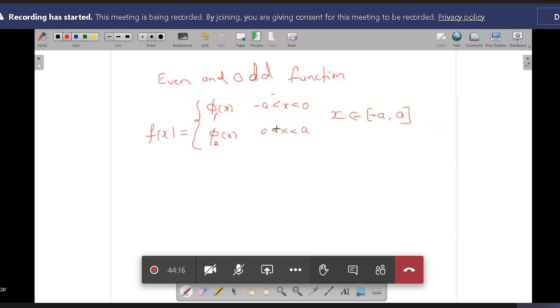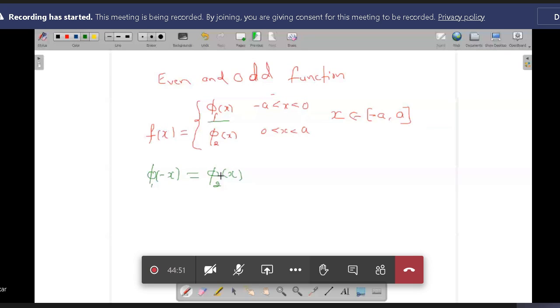In this case, you want to check whether it is even or odd. The simple way is to take phi1 of x and replace x with negative x.